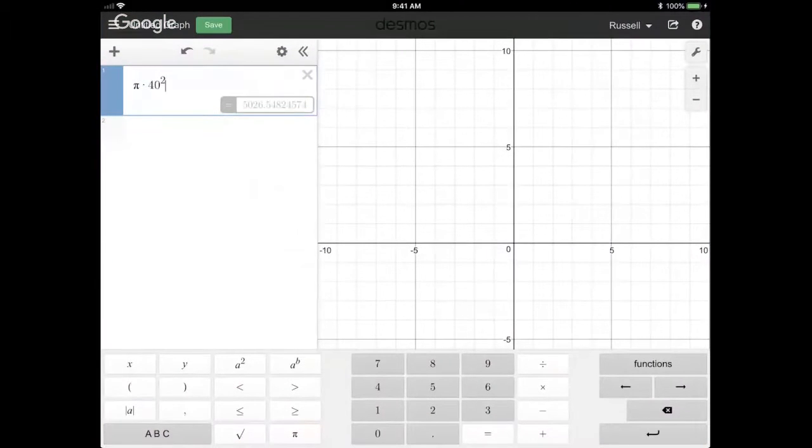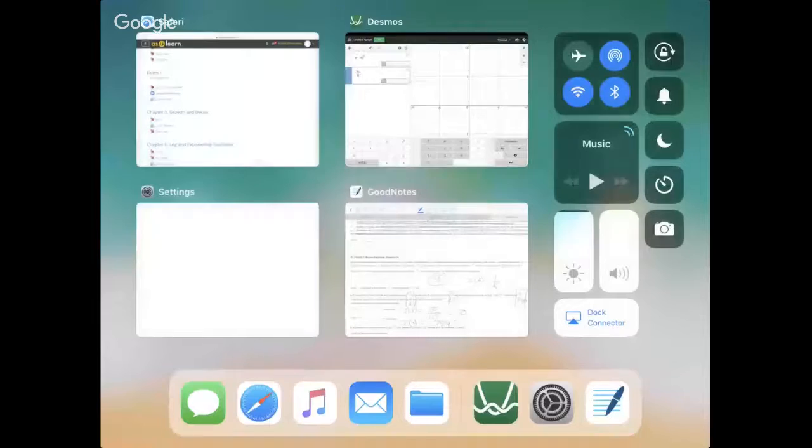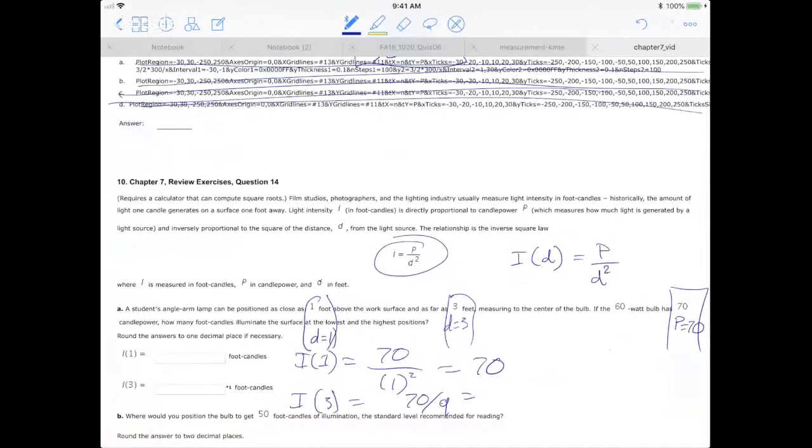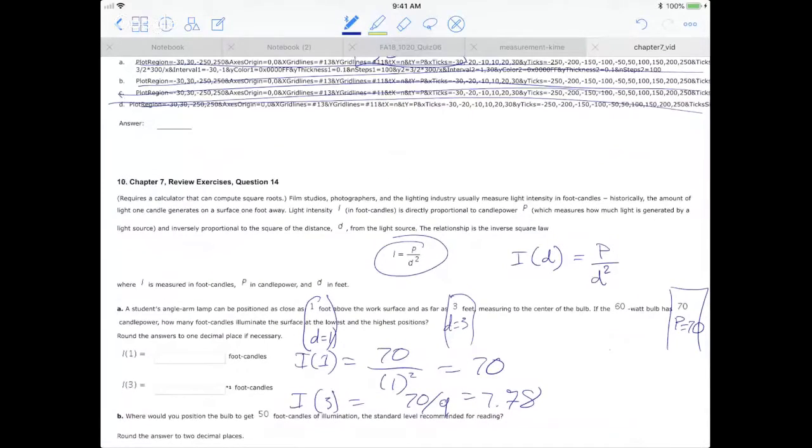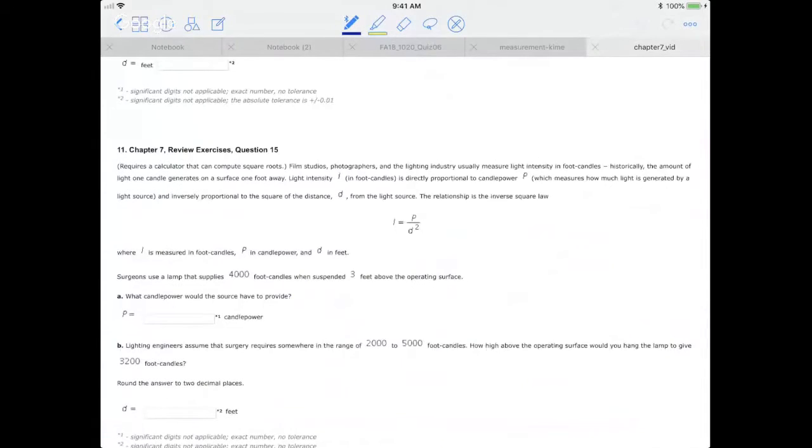Let's look here. Oh, 7.78. All right, that's how that one goes, guys. Cool. Yeah, and there's another candle power to practice with right there.